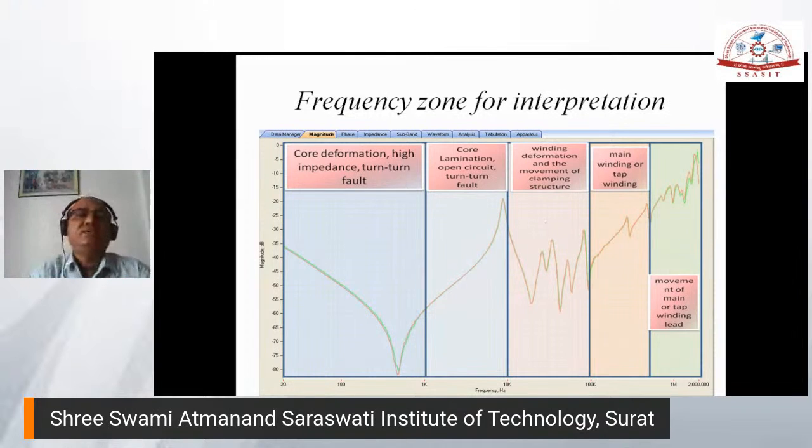Now what I want to say is that all of these are visual inspections you can check. You just look at the two waveforms, whether they are exactly matching or not.